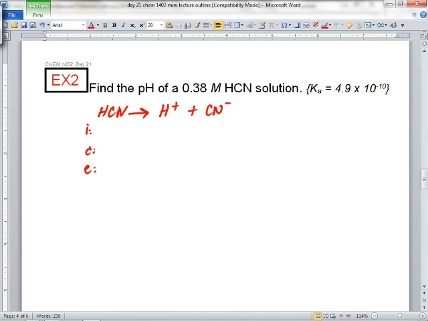Okay, we got to fill it in, shall we? What are you going to put in the initial row? 0.38, dash. And changes is always minus x and plus x, and all of our stoichiometric coefficients are 1. Then we'll end up with 0.38 minus x.